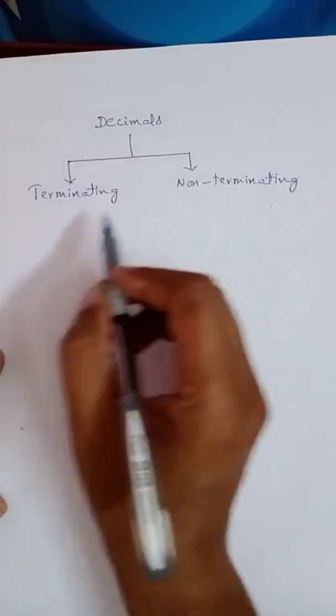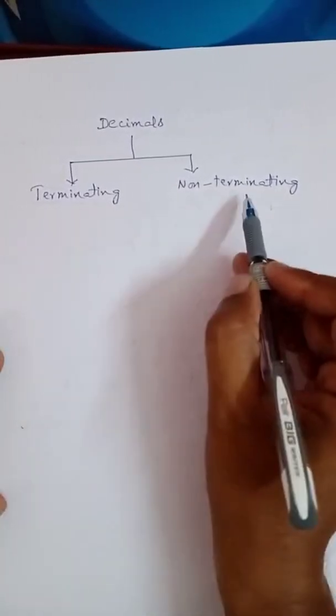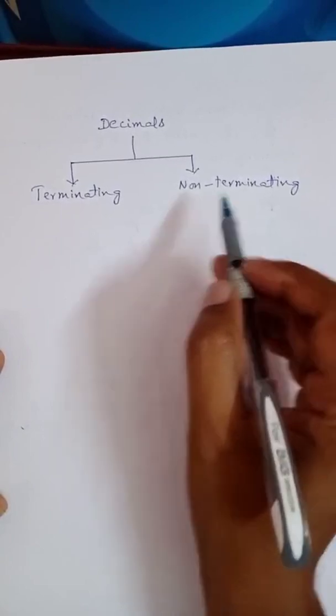Decimals are of two types: terminating decimals and non-terminating decimals.